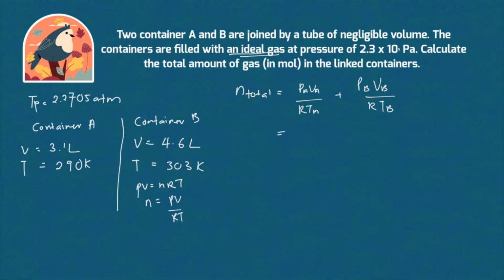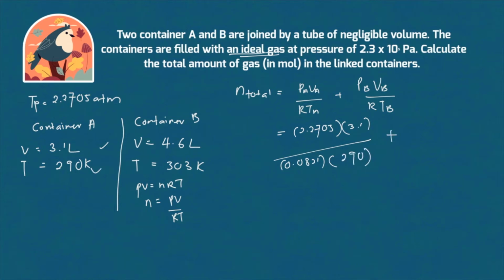Your pressure A is, because all of the gas in containers A and B have the same pressure, 2.2705 atm, so 2.2705. The volume here is 3.1. The value of R is the gas constant, which is 0.0821, and your T is 290 Kelvin.